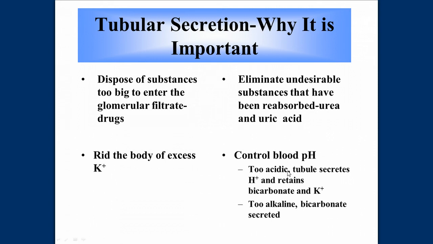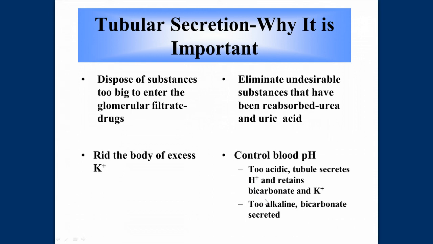If the blood is too acidic, it's going to give up those hydrogens, the uric acid and citric acid and things high in hydrogens, and it's going to hold on to bicarbonate. You might have heard of bicarbonate before as an antacid.